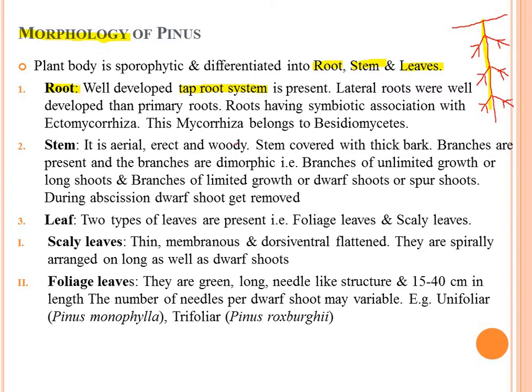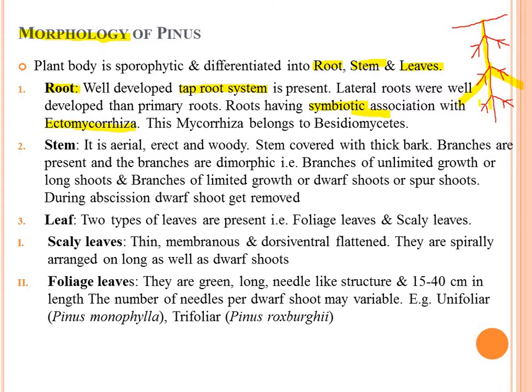Then lateral roots are well developed than the primary roots. Also in this system, lateral roots are well developed for providing support to the plant. Then the roots have a symbiotic association with ectomycorrhiza. What is meant by symbiosis? Symbiosis means that when both members in an association are benefited, it is known as a symbiotic association.